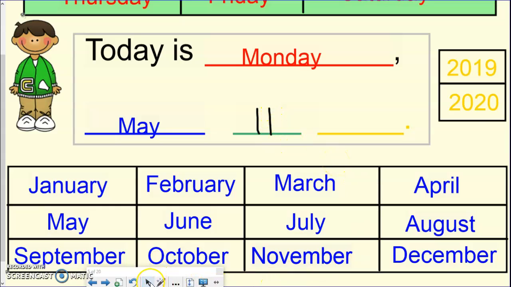All right, now we need to pick the year, which is 2020. Okay, repeat after me. Today is Monday. Today is Monday, May 11th. May 11th. 2020, 2020, that's the date, that's the date.